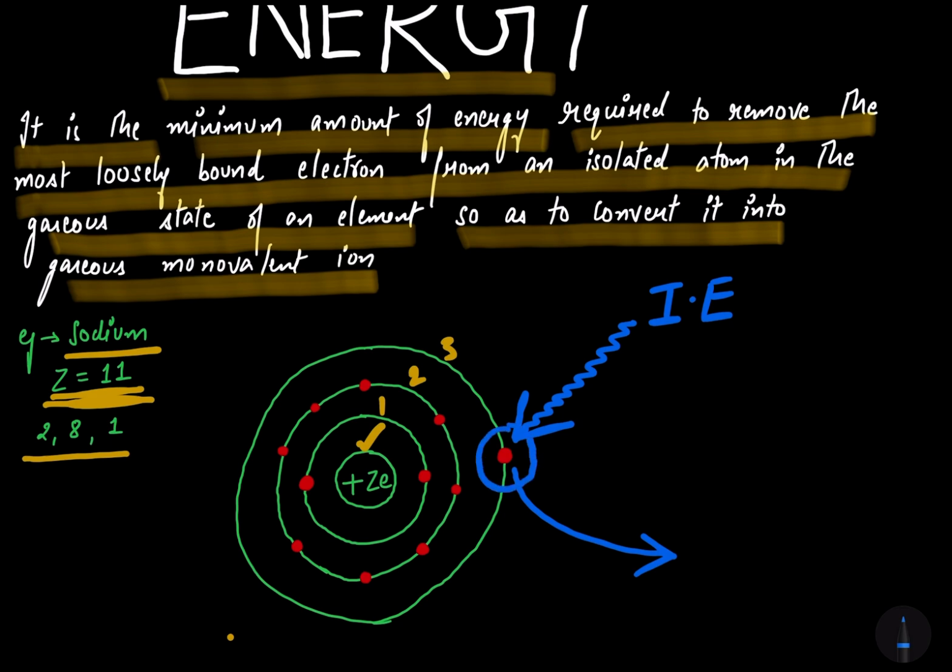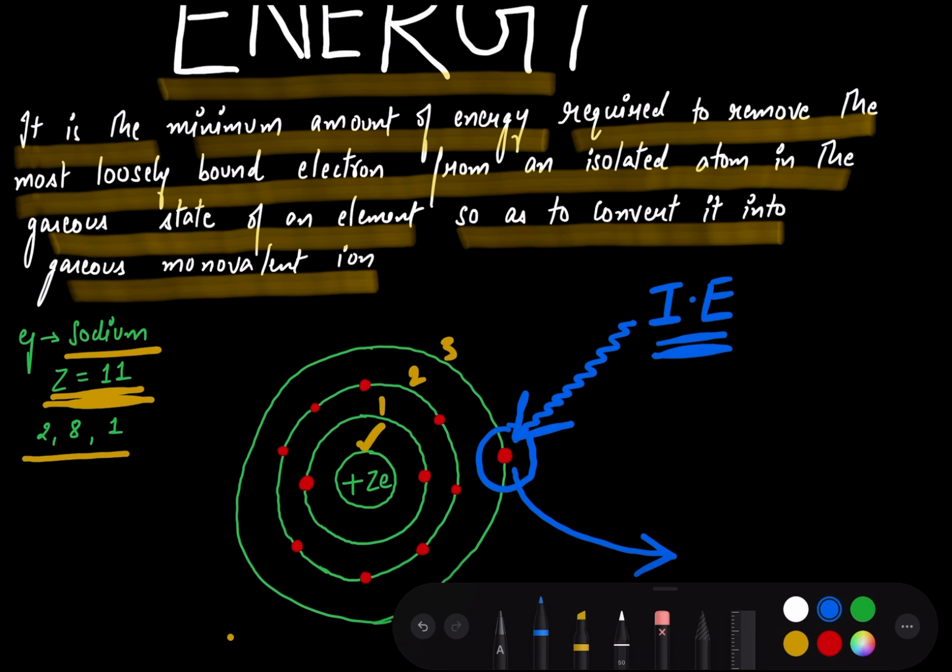Because it is the most loosely bound electron, that is the electron of the outermost shell. So it is the energy required by the outermost electron of an element to get ejected out of that atom. That's called ionization energy. So now let's discuss some points about it.